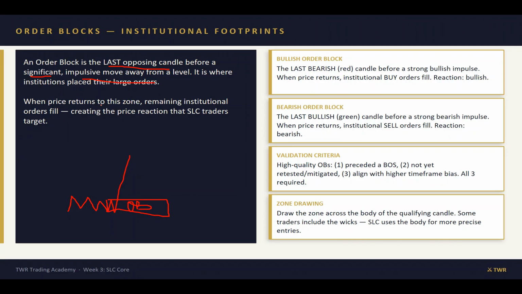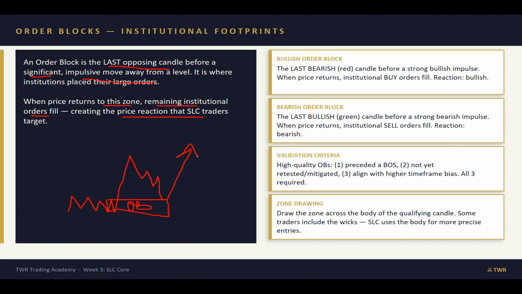So price usually returns to these zones to fill the remaining institutional orders, creating a price reaction that SLC targets. Price pulls back to these order blocks where institutional orders remained to be filled. Then the continuation plays out.